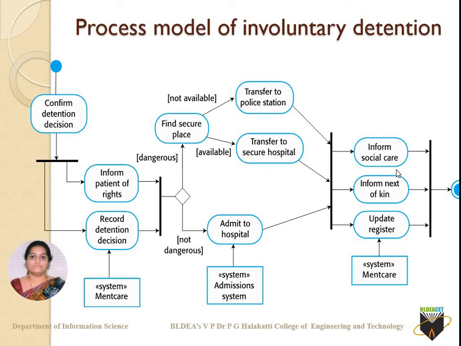You inform on social grounds that so and so activity of such a person happened. You inform the next of kin, the next immediate person to that patient. Then you update your Menticare system's register. These are all the set of activities which are carried forward.